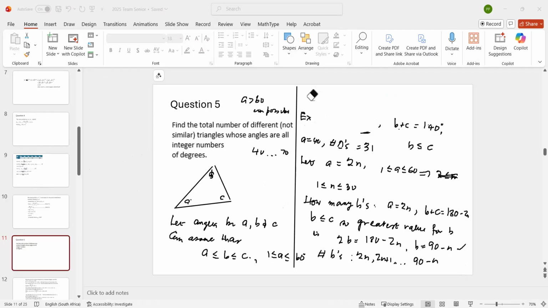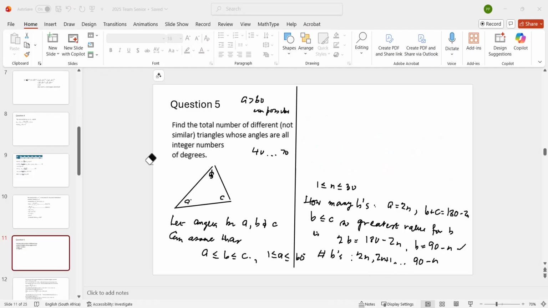So what did we do? We said it's 70 minus 39, remember? So we took the last one. If you want to know how many integers are there in this set here, you take the last one, 90 minus n, minus, now here you have to take 2n minus 1.